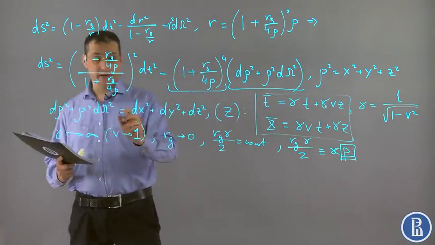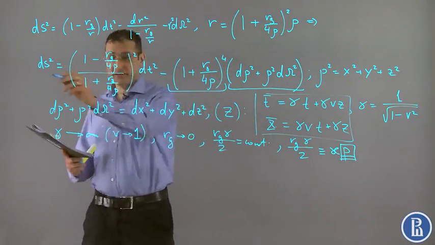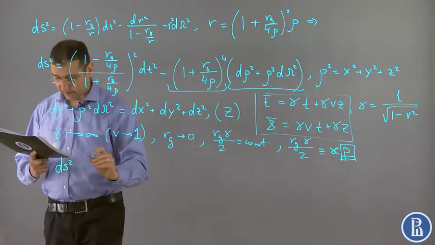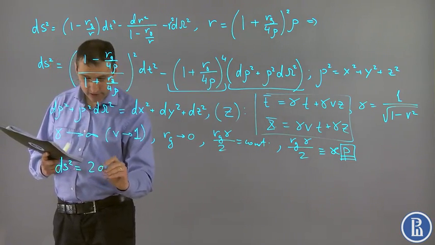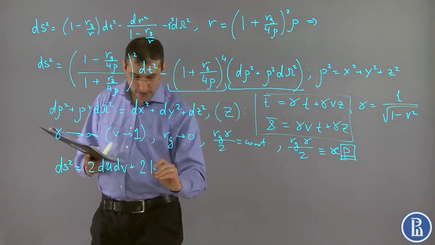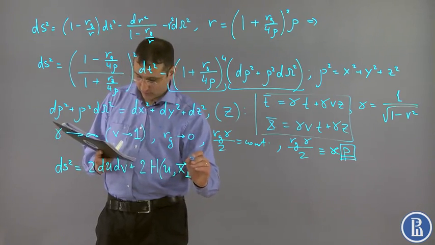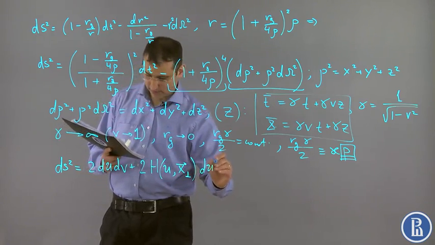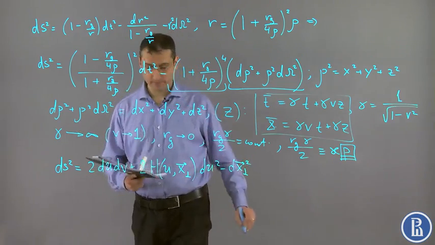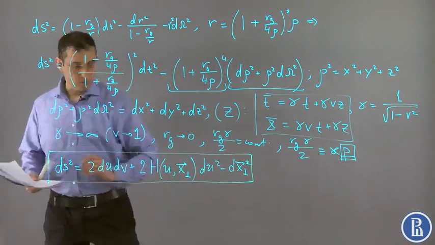So after this transformation and taking this limit, the metric is transformed, in the leading limit, to the following expression: du dv plus 2h, where h is a function of u and x perpendicular, minus dx perpendicular squared. I will explain the notation right now.